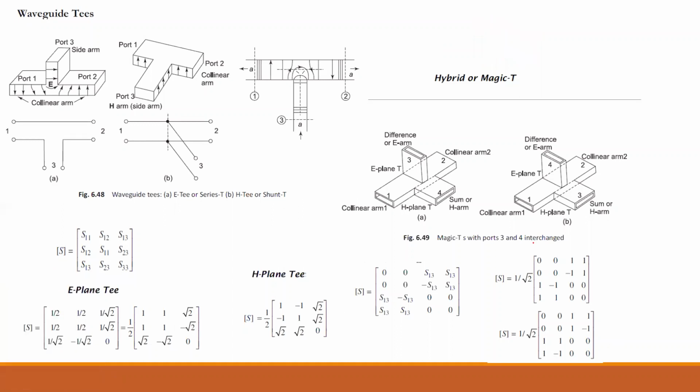So for a series connection or a parallel connection, we make use of these waveguide T's. Here you can observe that we can use them for either the parallel connection or the series connection, in which we make the connection with the main waveguide transmission lines.